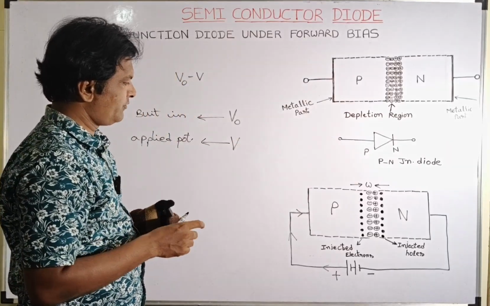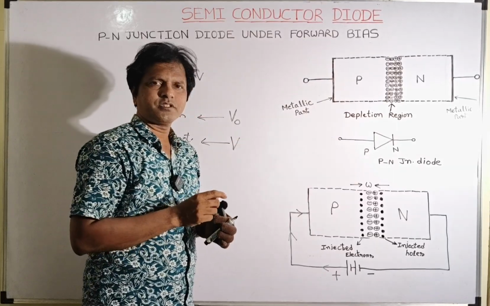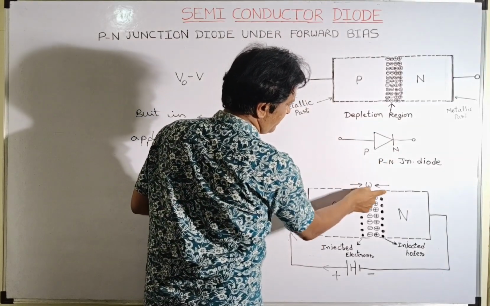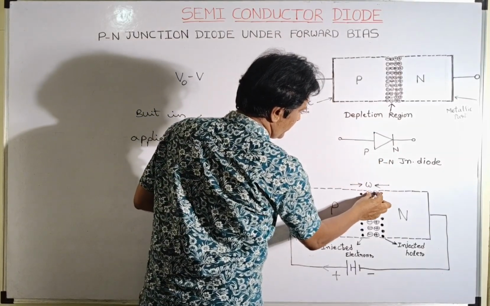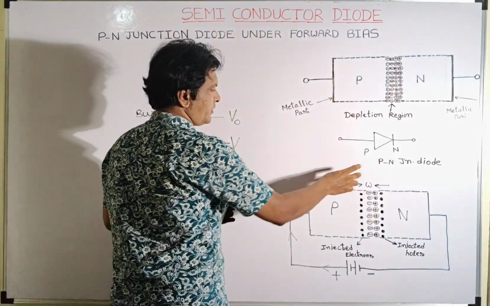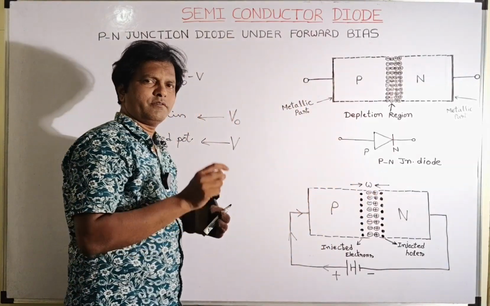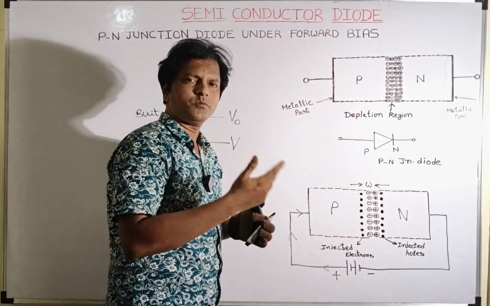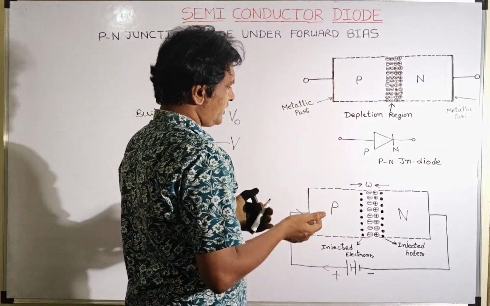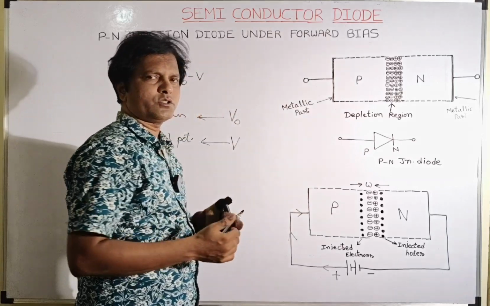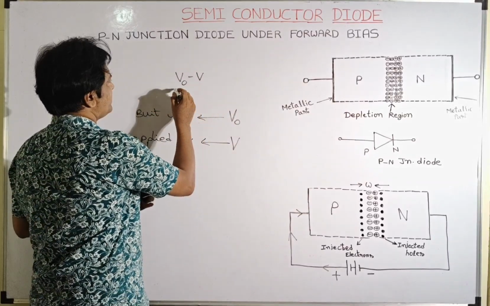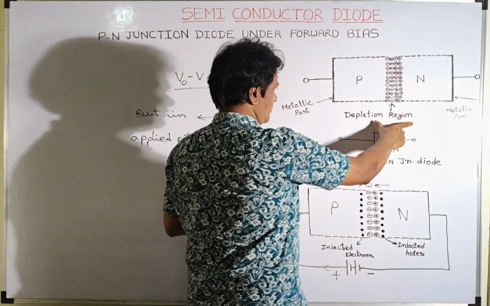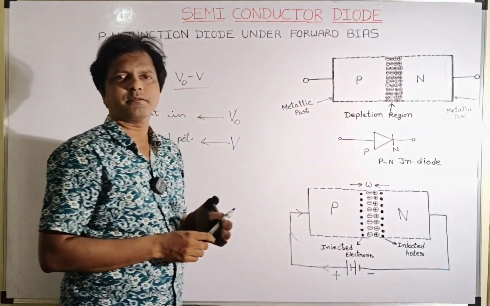If the applied voltage is very small, the depletion region will be slightly compressed, here I have denoted with two arrows, and the barrier potential is also reduced by a very small quantity. If the applied voltage is more, the barrier potential will also come down with this relation, and the depletion region further decreases.